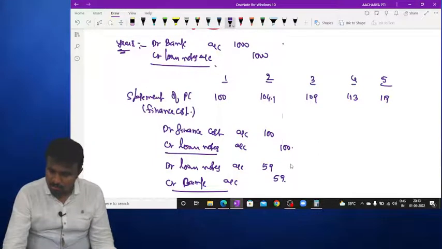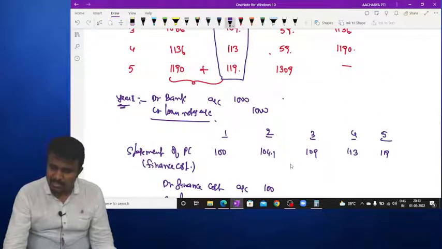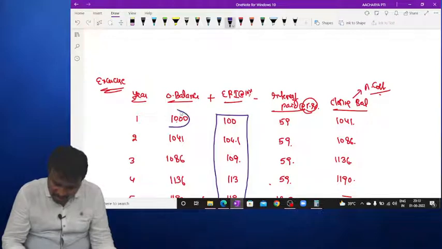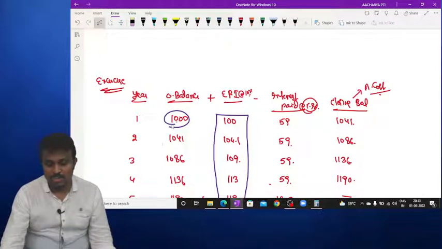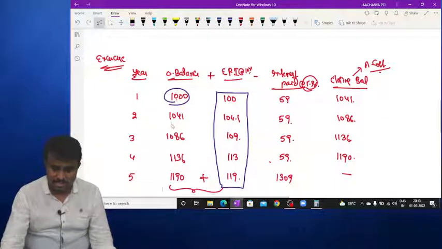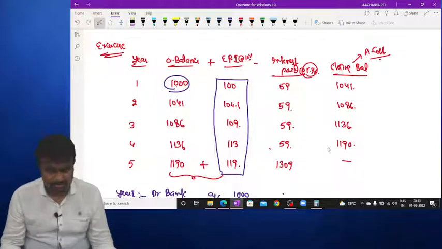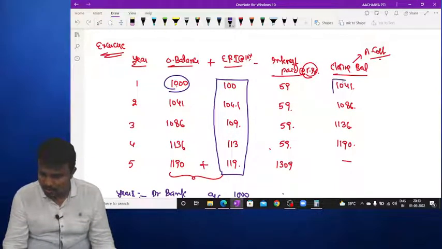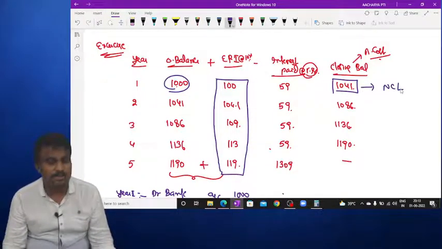And one more thing: initially we recorded the loan note at net proceeds minus cost of issue. Here 1000, right? Then at the end of the first year, it is required to be shown at 1041, under the head non-current liability.